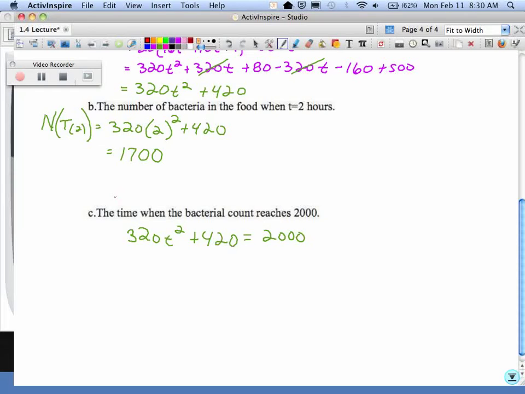What are you going to do? Subtract 420. So you get 320t squared is equal to 1580. Divide by 320 on both sides.